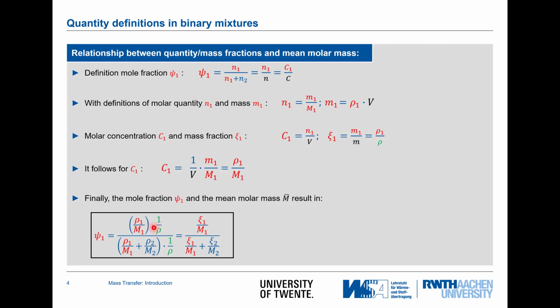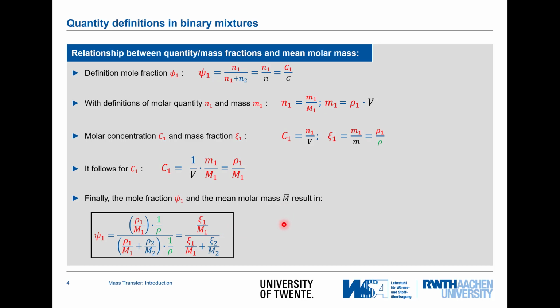Now we multiply that with 1 over mixture density, and by this then end up with mass fraction over molar mass for component 1, and here we have that for both components. Now we have related mole fraction to mass fraction, and this might be a quite helpful relationship for some of the calculations you might do in the future.